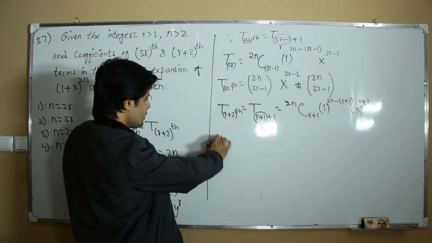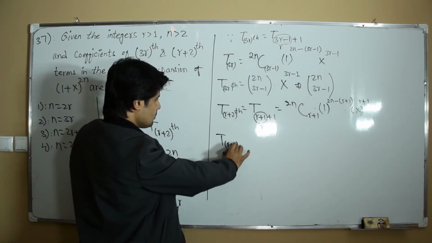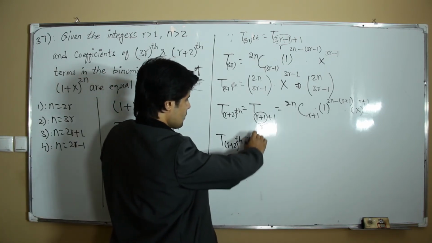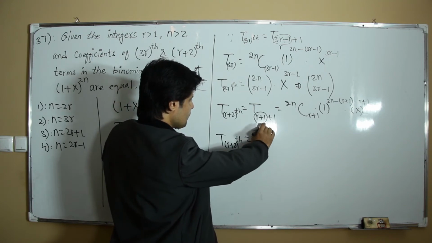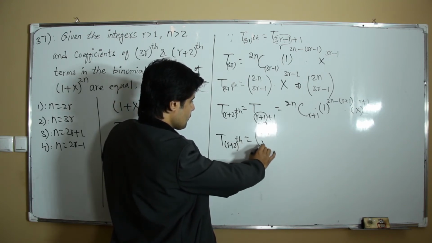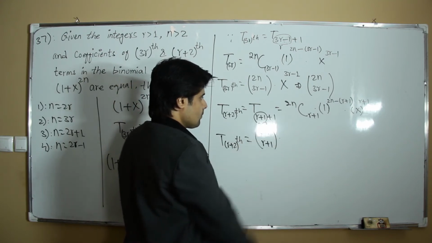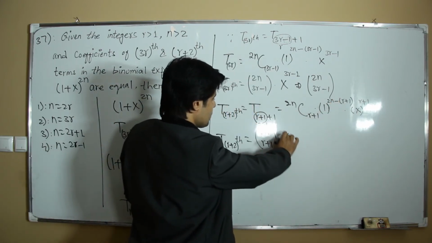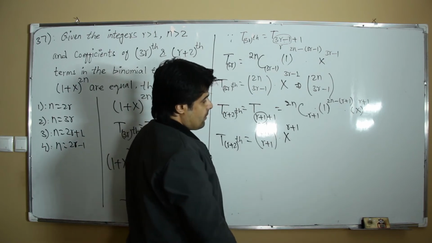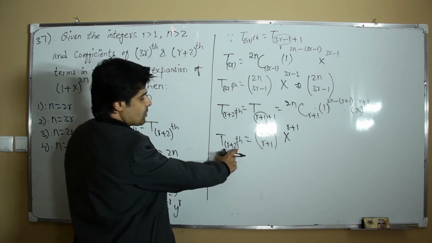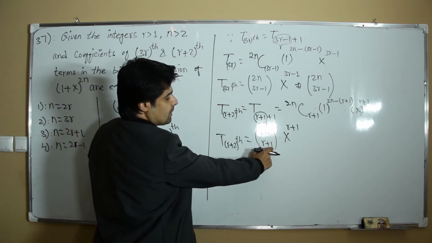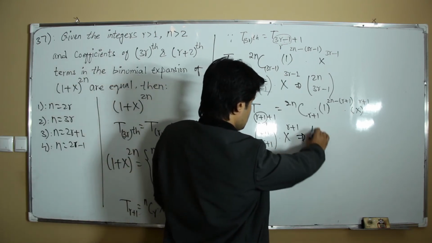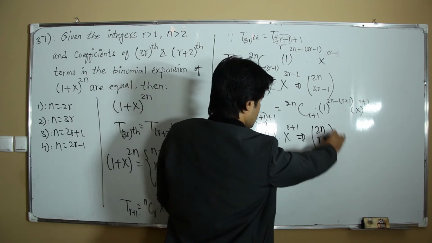Now the t r plus 2 term is 2n C r plus 1, multiply 1 to every power is 1, and x raised to the power r plus 1. What do you think the coefficient of this term is? This is the coefficient, so the coefficient in here is 2n C r plus 1.